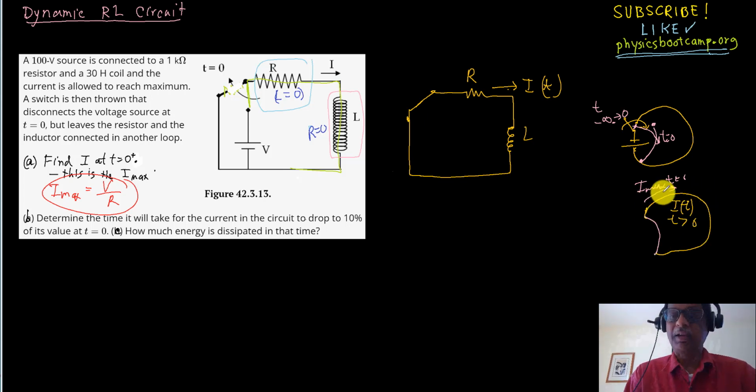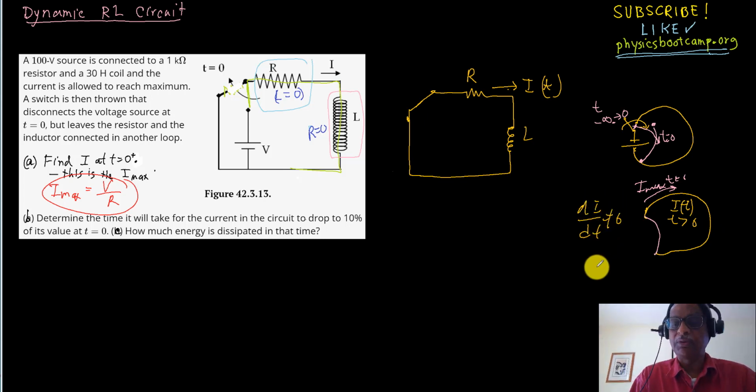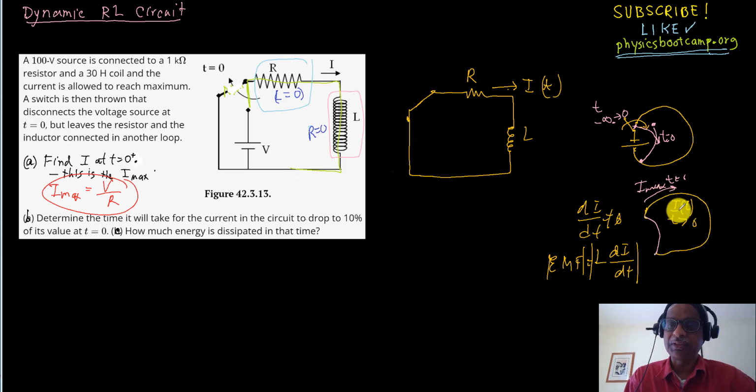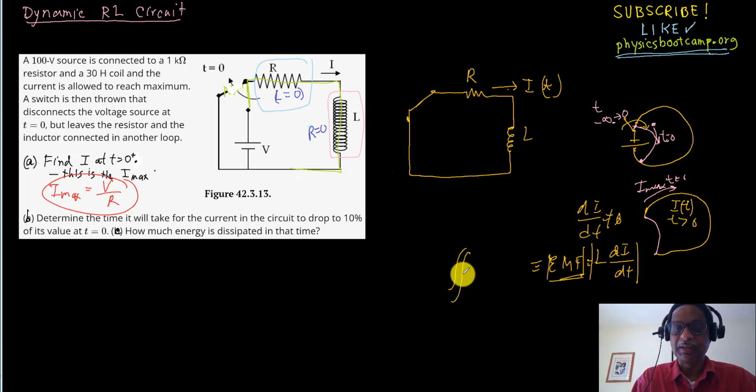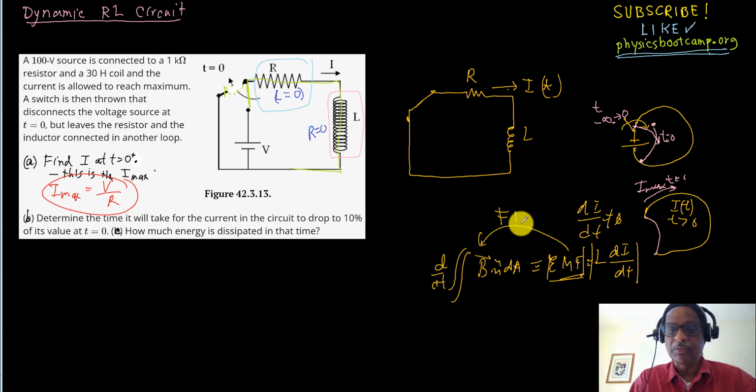So there's nothing there, but because di dt is not 0, you're going to have an EMF which will be equal to L di dt. There's an L for the circuit. You can assign what the EMF was, and the EMF was basically the integral of B dot n hat dA, d dt. So that's the EMF from the Faraday law.